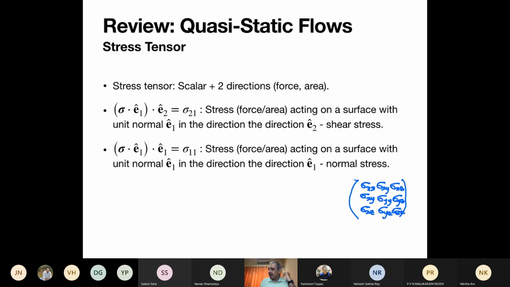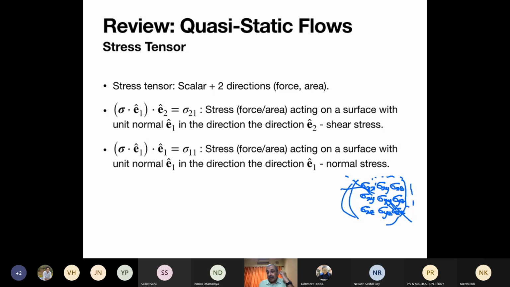Sorry, you can't read it very clearly, but you can see that you have this matrix and it is symmetric. So these components are the same as these ones. So there are 6 unknowns in general. Sigma xx, the same as sigma 11, is the normal stress, sigma yy is the normal stress, sigma zz is the normal stress, and the other 3 are the shear stresses.